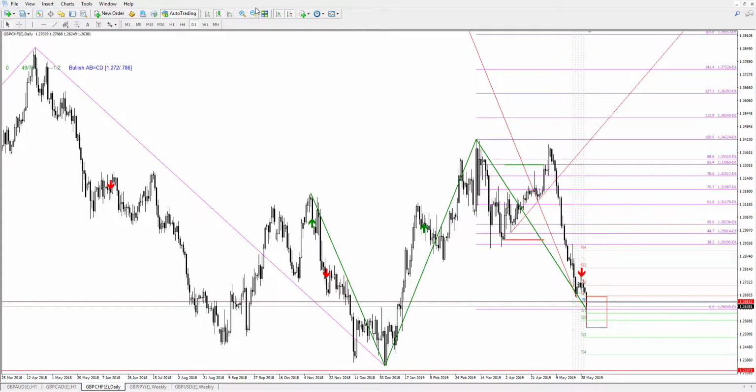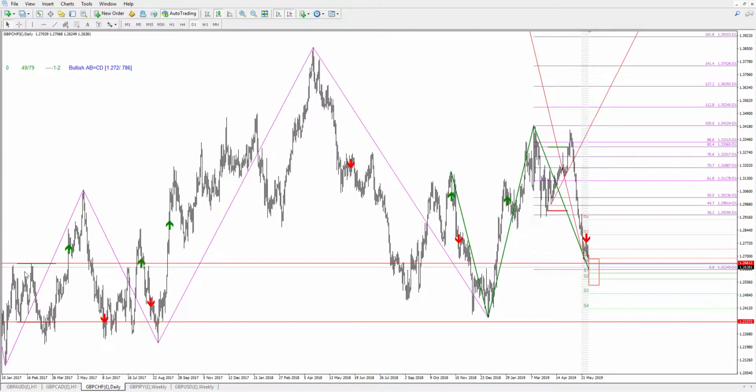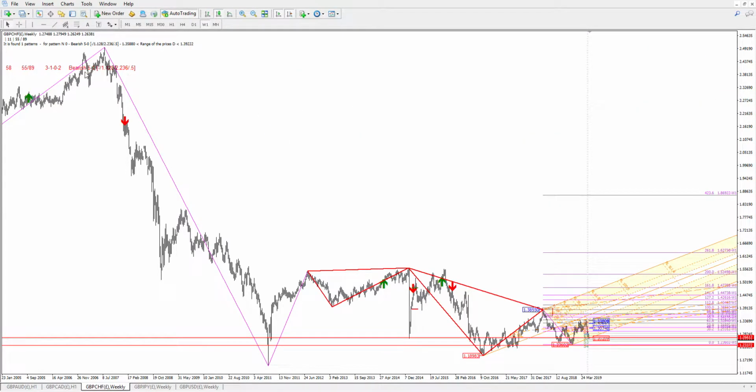Zoom out again. So within this band, ideally we would like to close above. Let's get those diagonals. Weekly, it's a bearish 5.0.